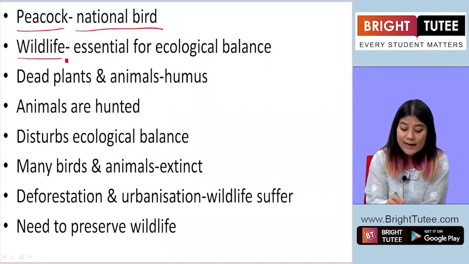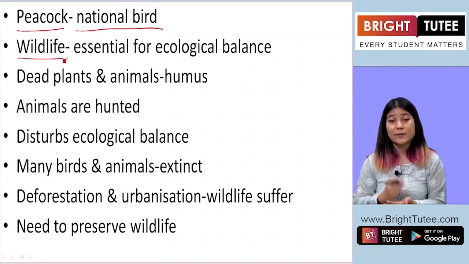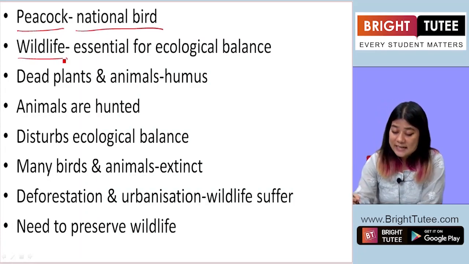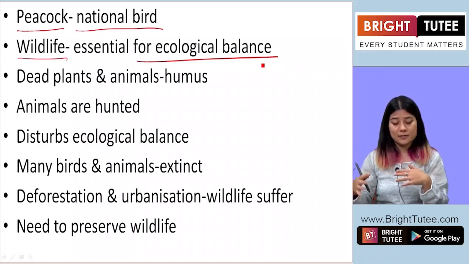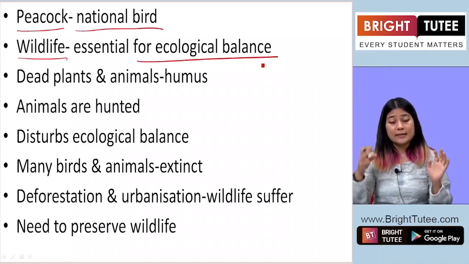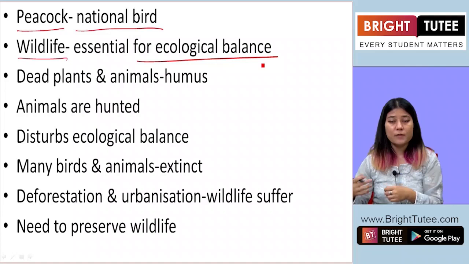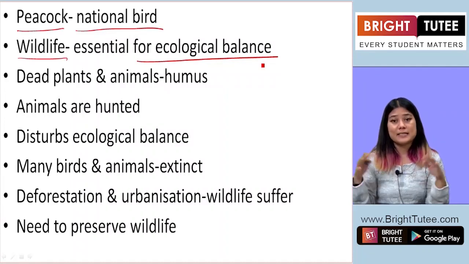Now wildlife and vegetation, the plants and animals that we just talked about, are very important for the environment. It's very important for maintaining the ecological balance of the environment. If animals are going extinct but other things are okay, like plants are being taken care of, trees are being planted, the forests are doing well, that does not mean that the balance is maintained.